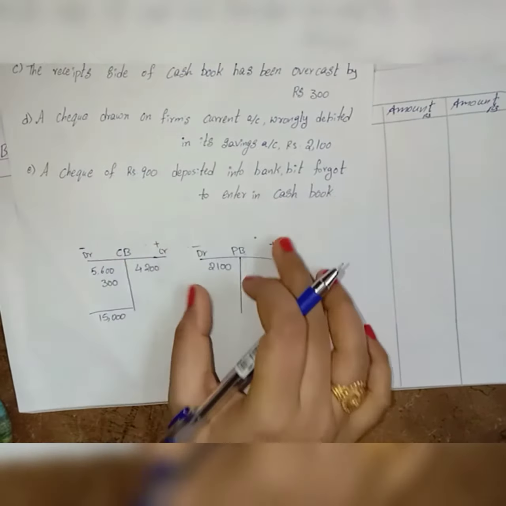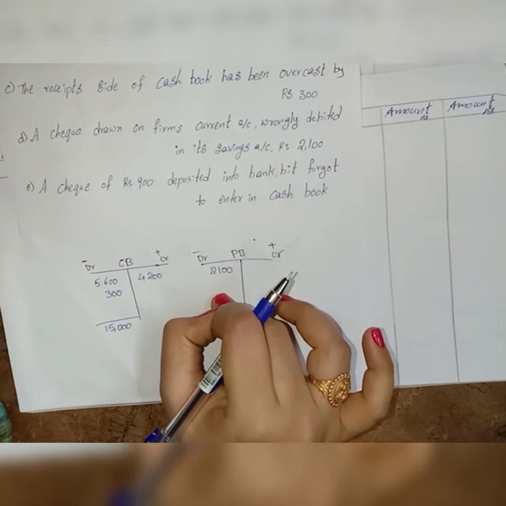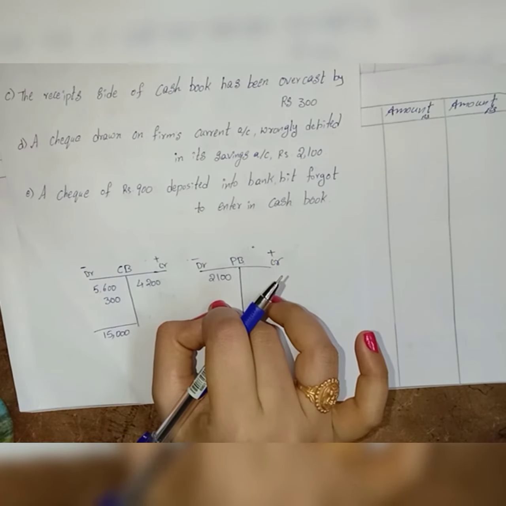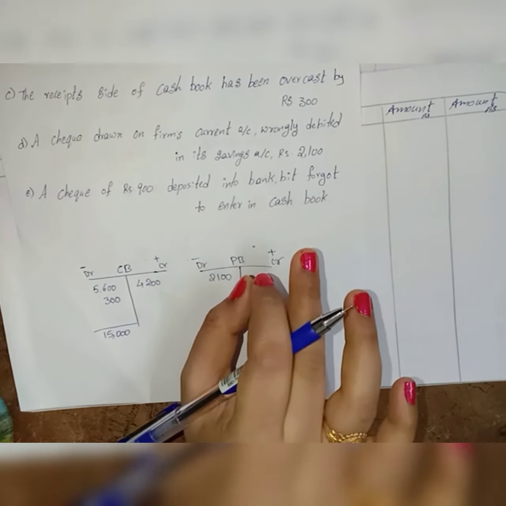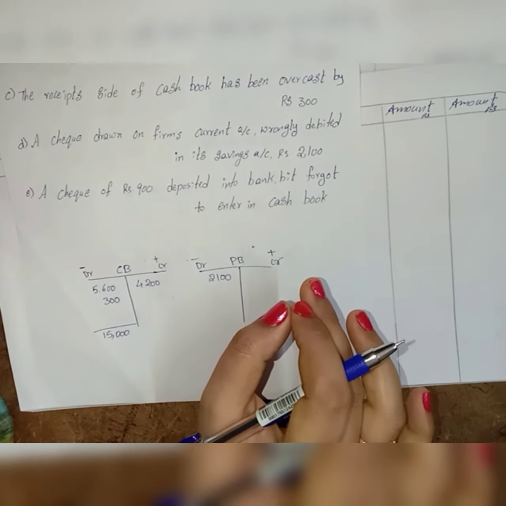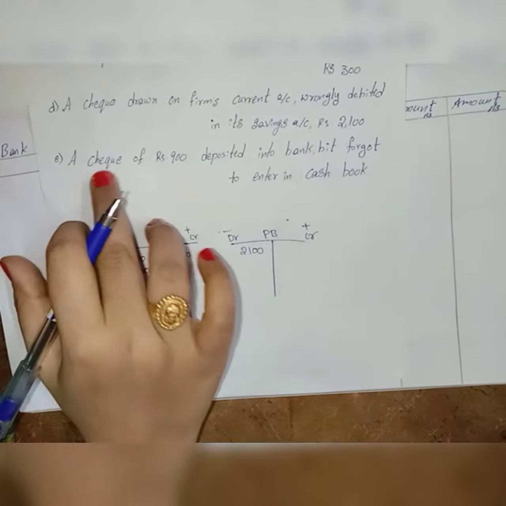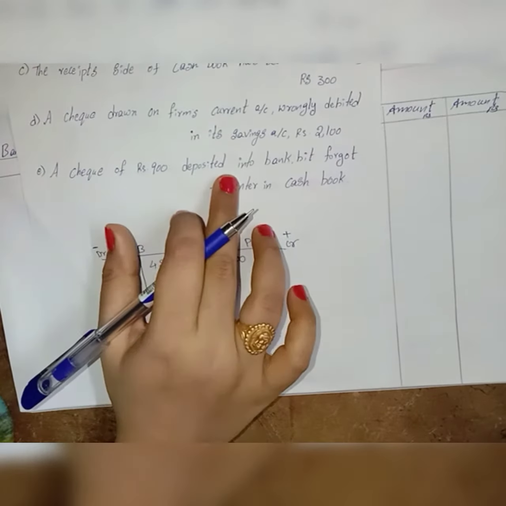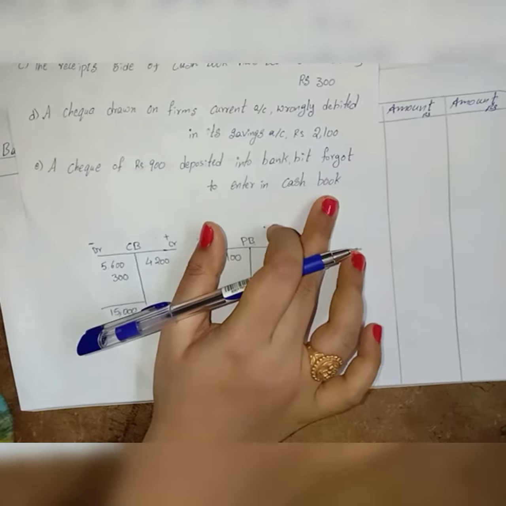So we have to write it on the debit side of the passbook. Any type of firm always maintains a current account, not a savings account.